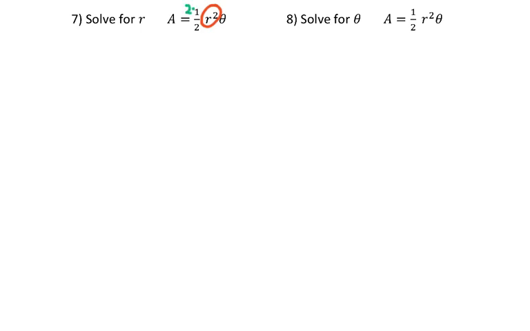Multiply by 2 on both sides. Then how can I get rid of this theta? You need to divide by theta on both sides. In this way, I can isolate the r squared, and on the right side, I have 2a over theta.